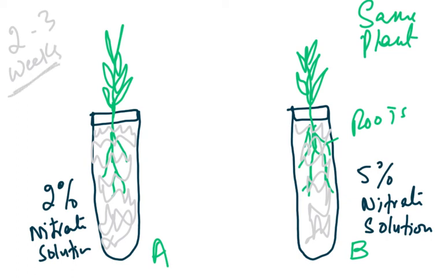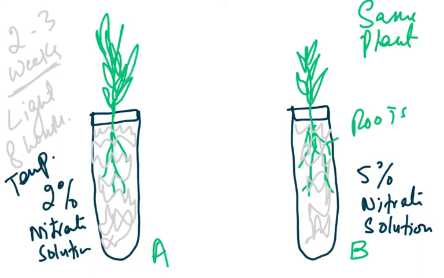You keep them and give them light, say 8 hours every day, because you're doing that in the lab, and you're providing them air and carbon dioxide, and you're keeping them at a fixed temperature. The temperature is fixed as the room is air conditioned, and the temperature is the same for the next 2 to 3 weeks, and then you let the plant grow.